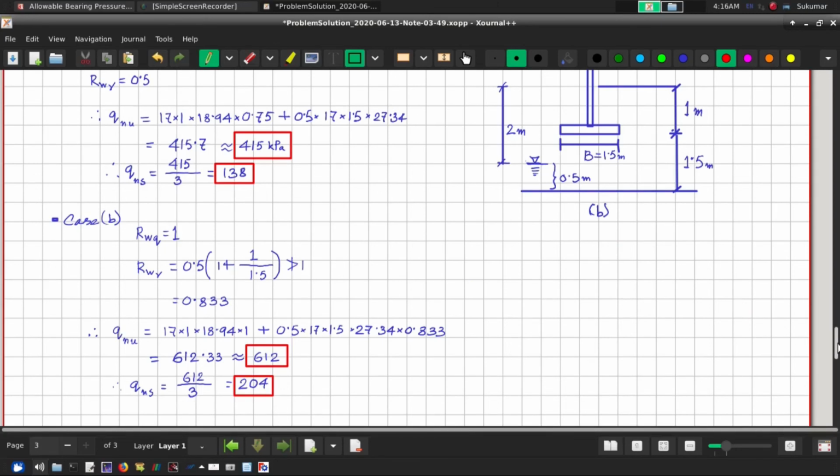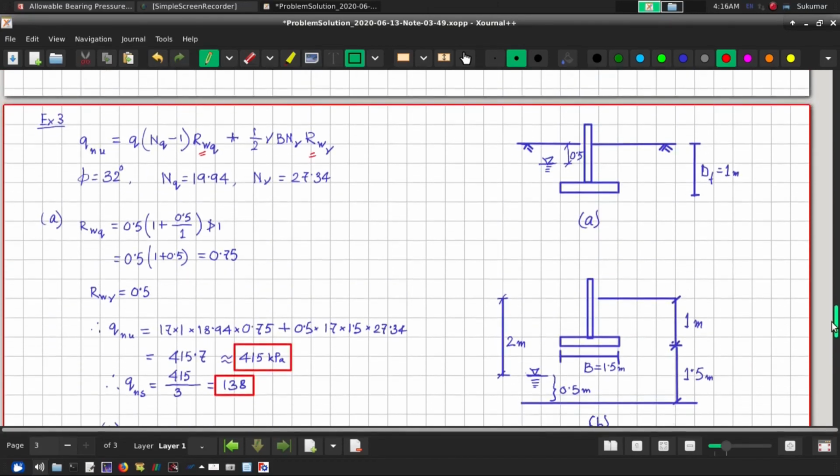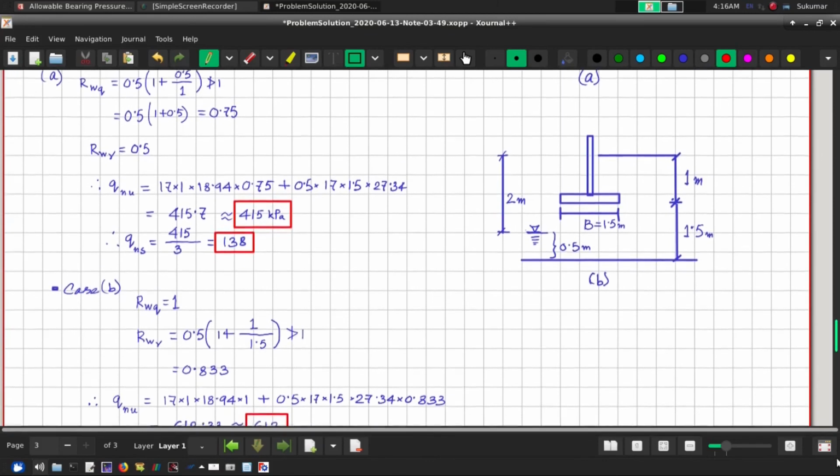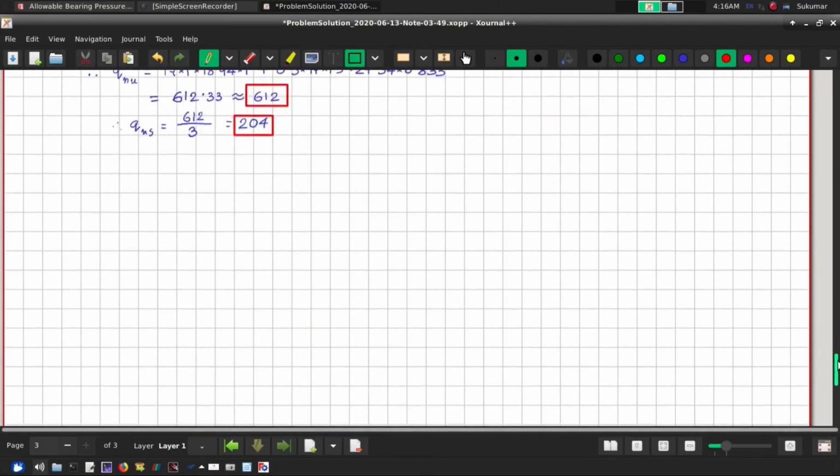All right, so that's how we can take into account the effect of groundwater table. So this completes our problem 3.